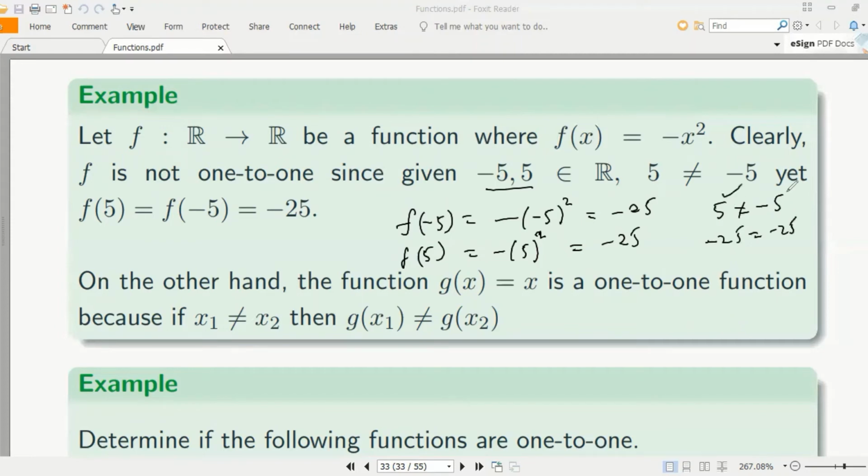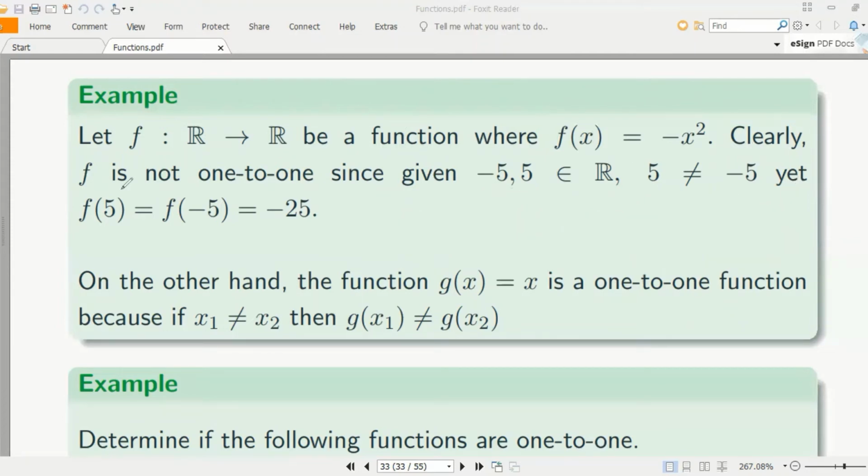Since these are two different inputs and they have given us the same output, it means that this function here is not one-to-one. It's not injective. So I've said clearly, f is not one-to-one since if I'm given two inputs which are different, their output will be the same. So that means it's not one-to-one.